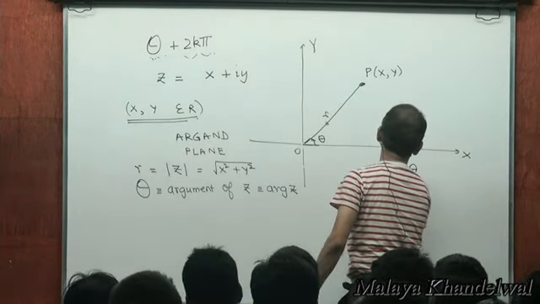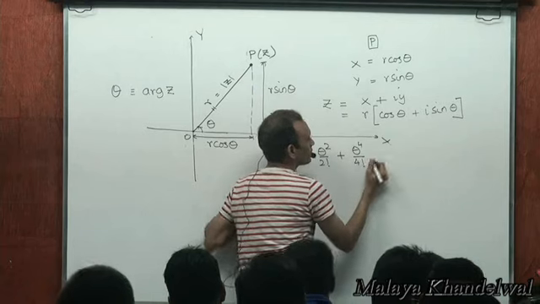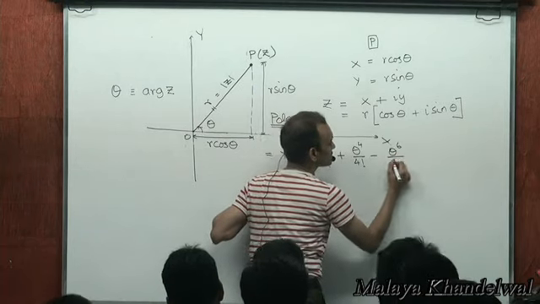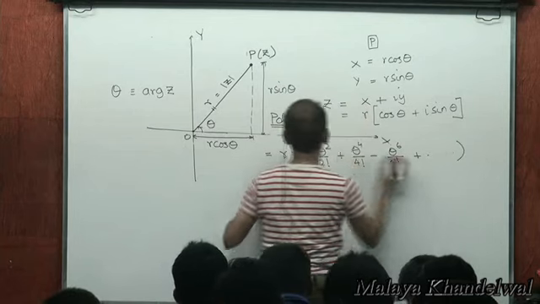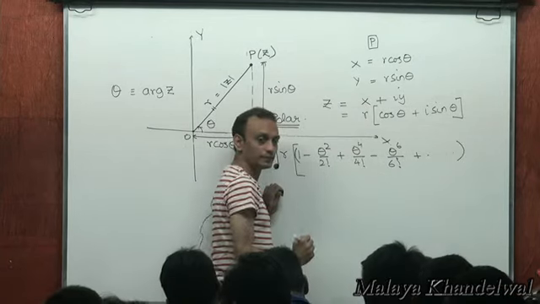Now, r is the modulus, theta is the argument, right? Now this cos theta I expand as 1 minus theta squared by 2 factorial plus theta to power 4 by 4 factorial minus theta to power 6 by 6 factorial and so on, even powers of theta, right?